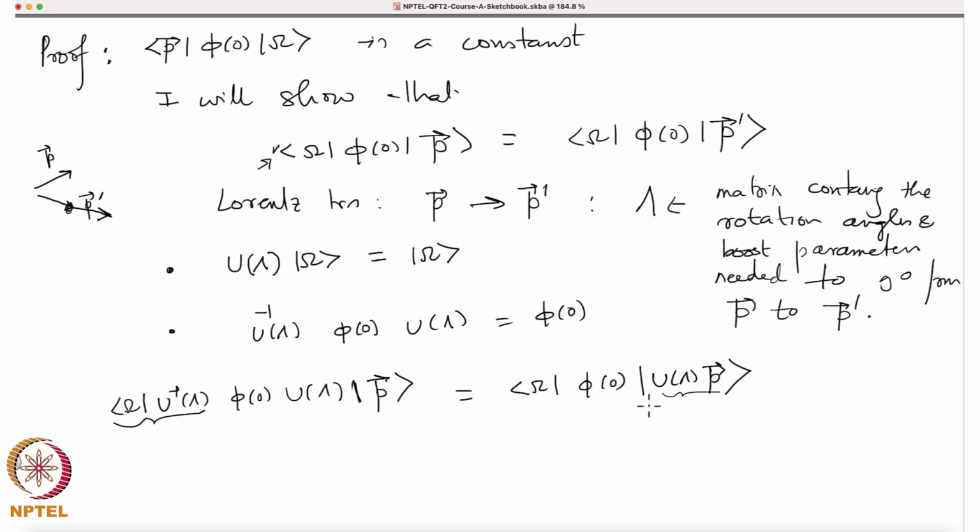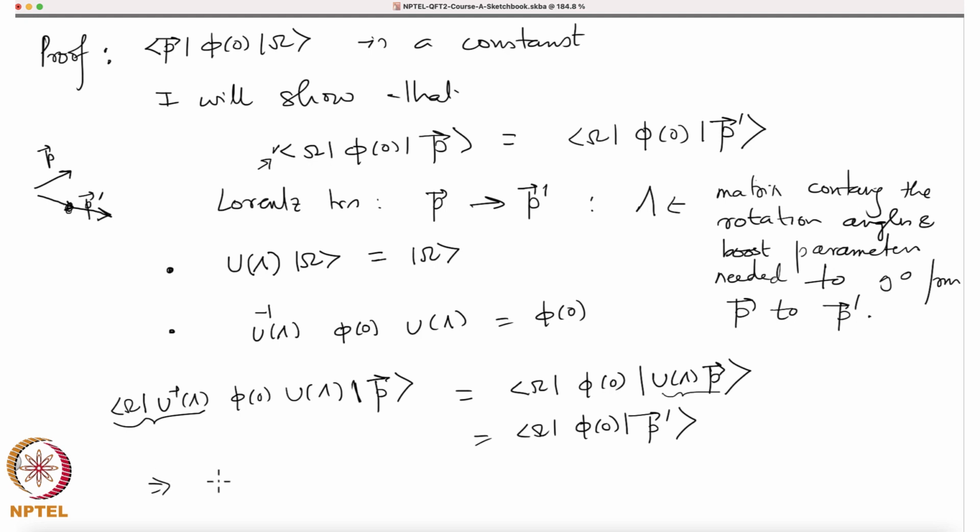That's the notation here. That's the ket, which is what we call p prime. So you see that I have arrived at the right hand side, and thus the result is independent of p. Because no matter what p prime you choose, you can always show that omega phi naught p is the same as omega phi naught p prime. So that's a constant.